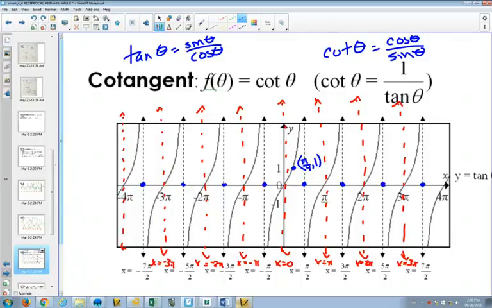Because if you did 1 over 1, that would stay the same. So in fact, we can go across and do all of those points that are going to stay the same at 1. What's another point that's going to stay the same? At negative 1. All the points that are at negative 1 are going to stay the same.